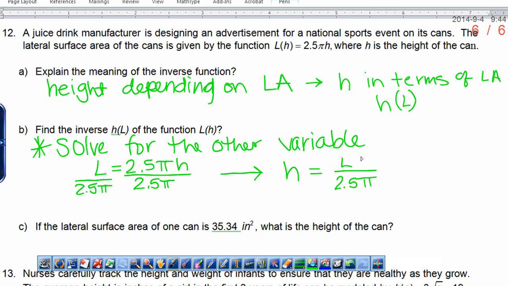And we want to find h, so we would use our calculators and we would divide by 2.5 pi. Now, if you forget to put 2.5 pi in parentheses to divide by the whole thing, your calculator will divide by 2.5 and then multiply by pi. That's just a friendly hint. When you go back to using your calculator sometimes, that has to be in parentheses when you put it in the calculator.